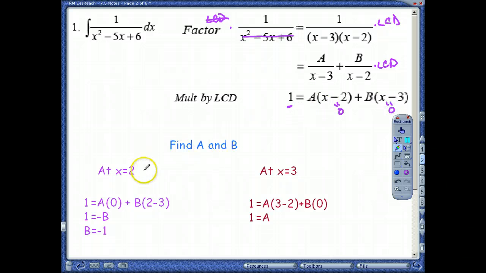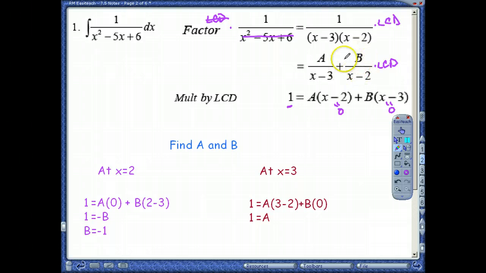My first point, I picked x equals 2, because if I put 2 in for every x, my A is going to be multiplied by 0. On the left side, there aren't any x's, that's why we still have 1, equals A times 2 minus 2, which is 0, and then plus B times 2 minus 3, which is negative 1. So I end up with 1 equals negative B, so B is actually negative 1.